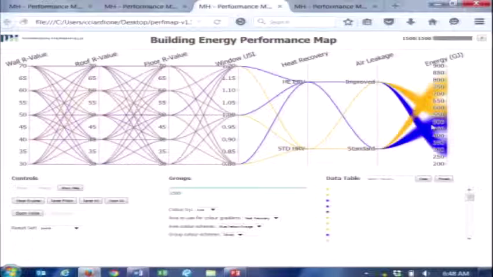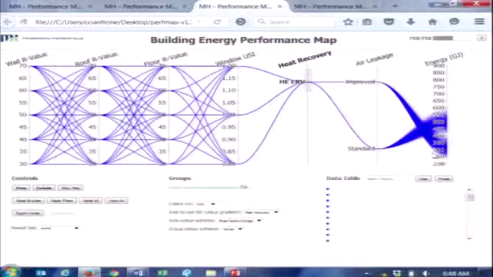So it's important to address that first, and you see all the blue results are in the bottom of the energy use curve, and so you could filter out, focus your efforts, say we're going to do that technology because it makes the most sense, and then you can start looking at how to optimize the best combination of windows, floors, roofs, and walls. Okay, so it's really useful to look at those trends or lack of trends in some of the data.